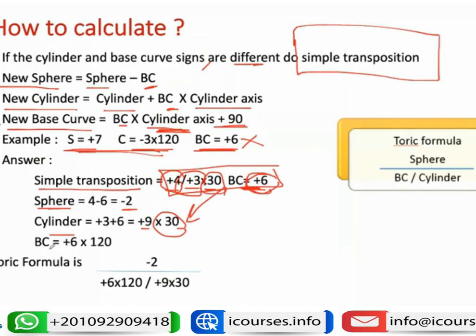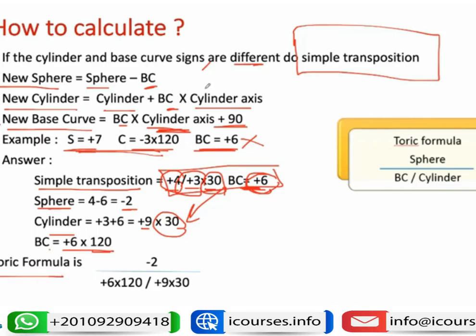The base curve will be the base curve, but on the perpendicular axis to the cylindrical axis. So it will be the same value of plus 6, but with the axis perpendicular to the cylindrical axis, which will be 120. So this will be the base curve.